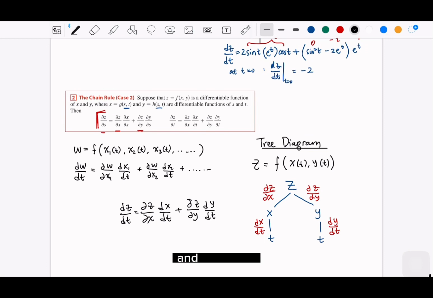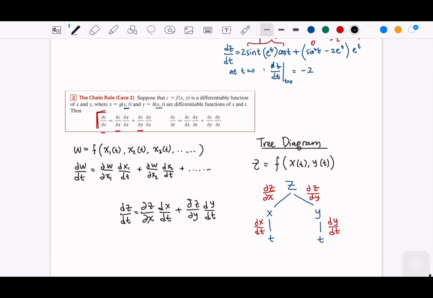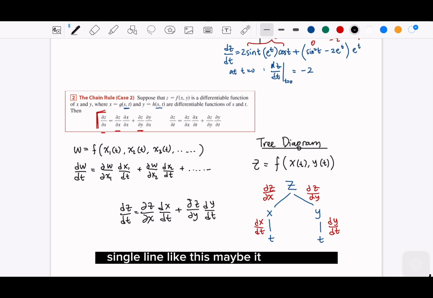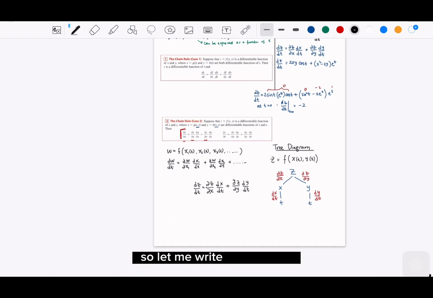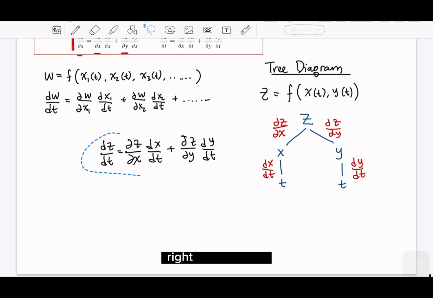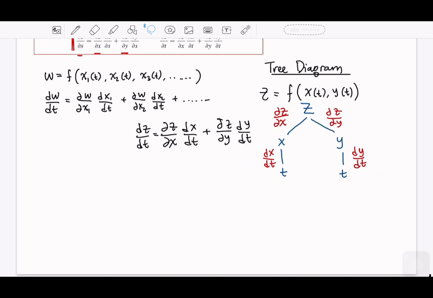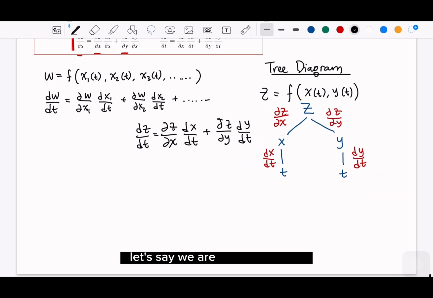Now what happens if it's not a single line like this, and maybe it has branches? Let me write it here. Let's say we are going to take z.